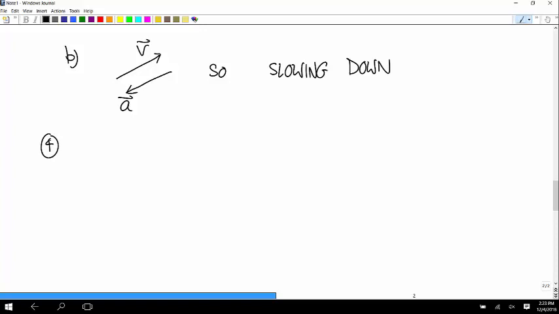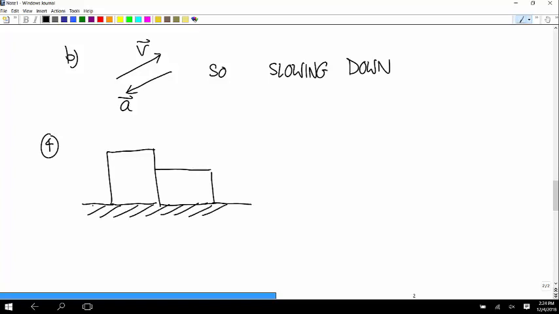Okay, and then the last one, number 4. You have these two boxes in contact with each other, sliding along the ground. The one on the left is 10 kilograms. The one on the right is 5 kilograms. And there's 100 Newton force pushing toward the left.